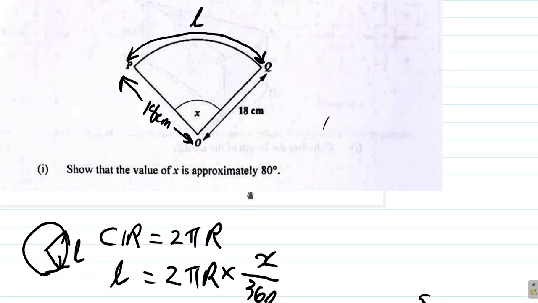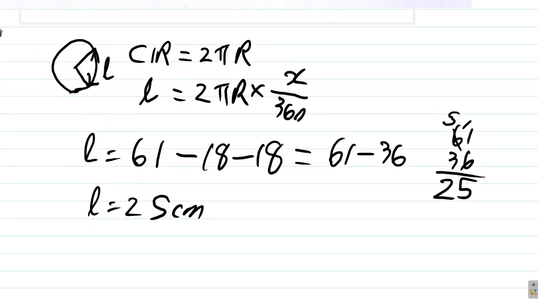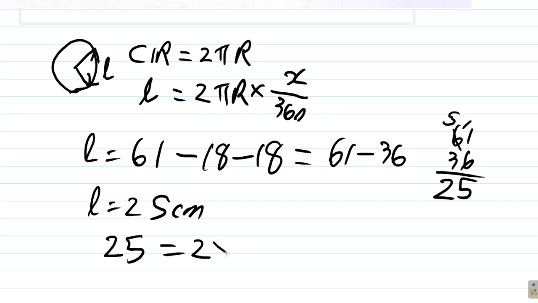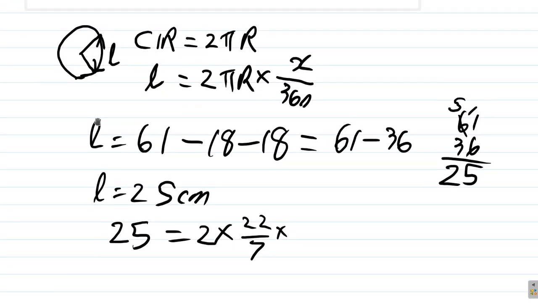Now what happens after this? The arc length 25, using this formula here, the arc length of 25 is 2 times, they said to use 22 over 7, times radius 18, times x over 360.